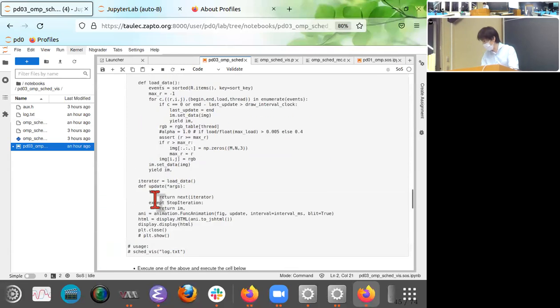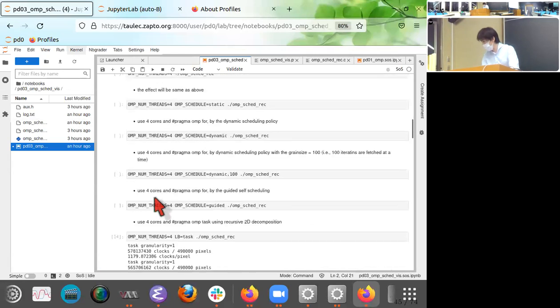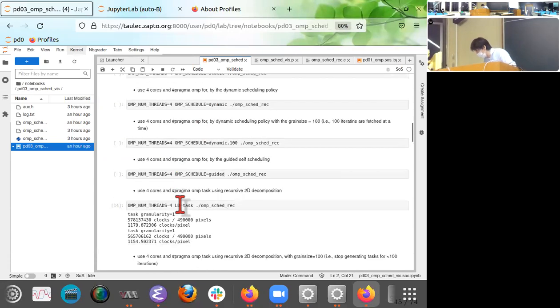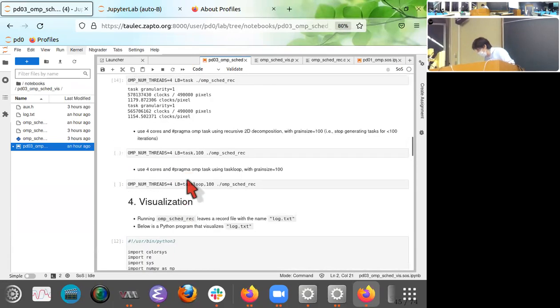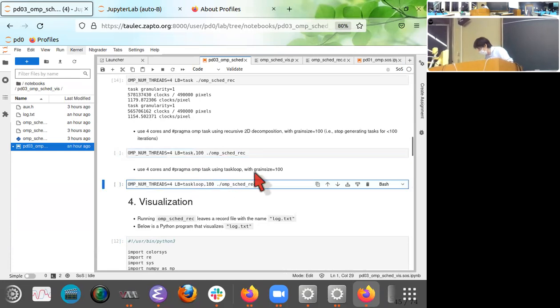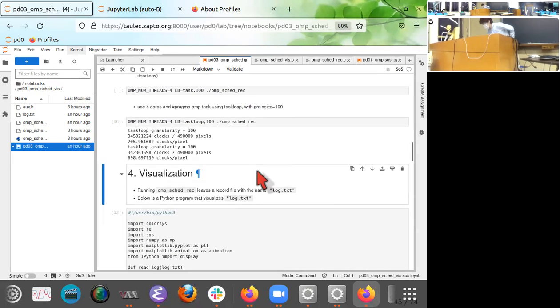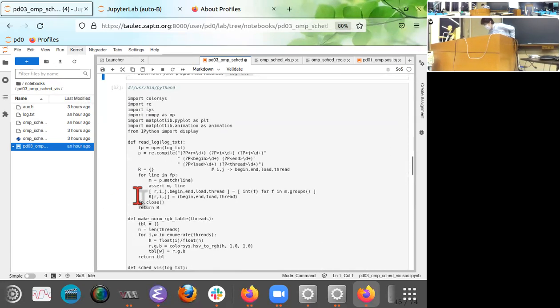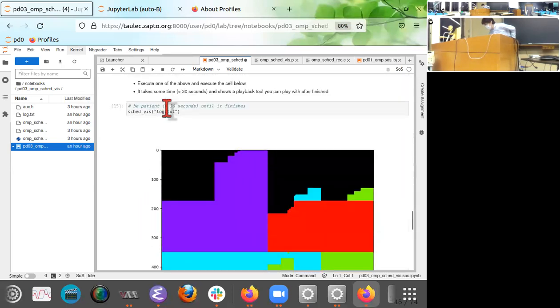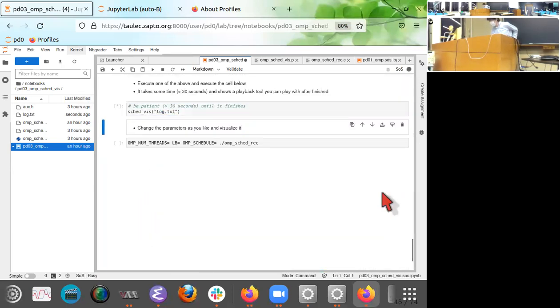So let me just demonstrate what actually happens if you do it with a taskloop. Okay, so this is how you execute the same program with the taskloop, and it is finished, and you do visualization again.